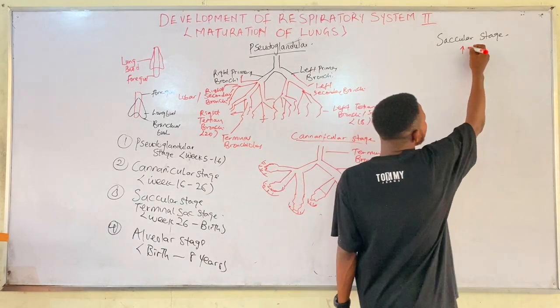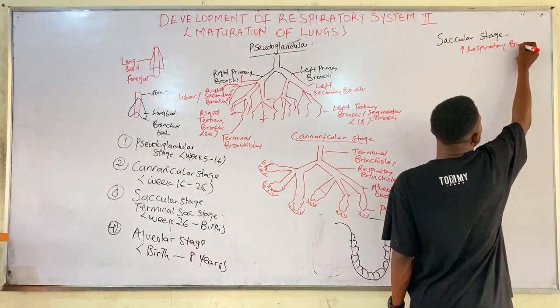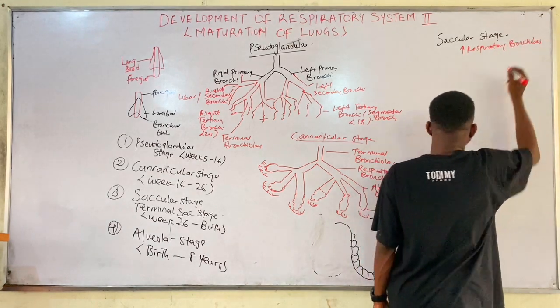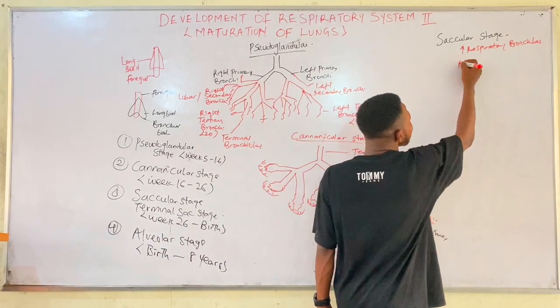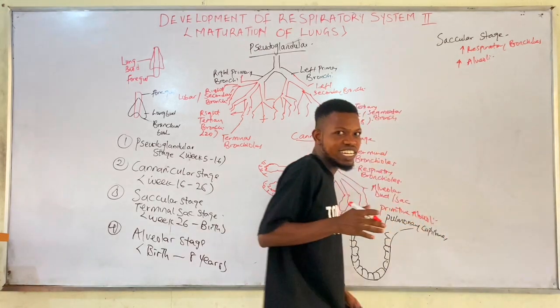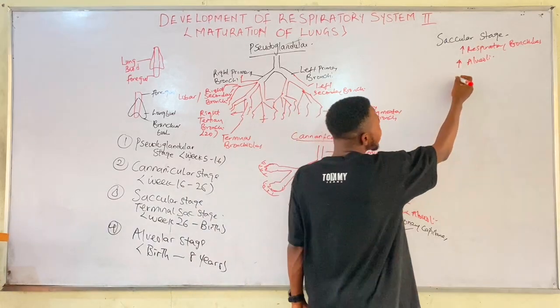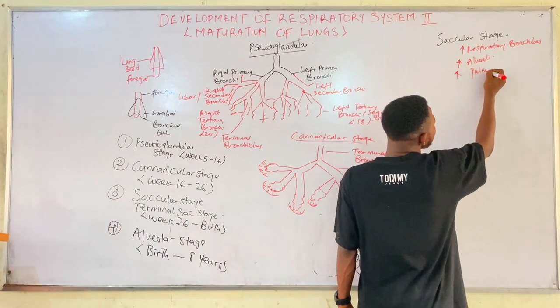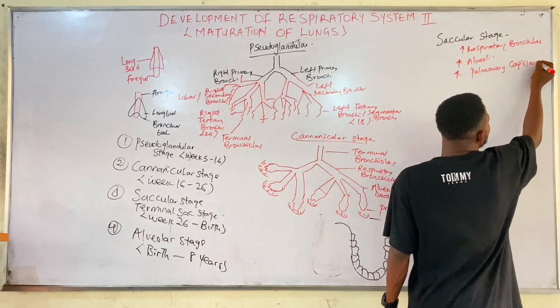Also, there is an increase in alveoli. The alveoli become increased and more mature. And also there is an increase in pulmonary capillaries. Yes, that's what you need to know about this stage.